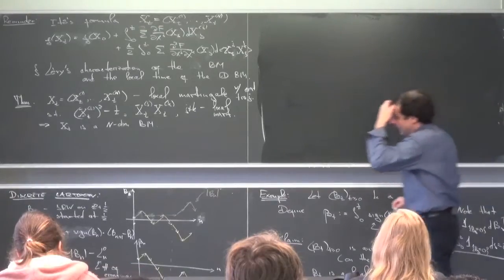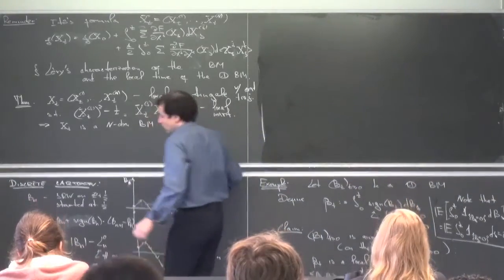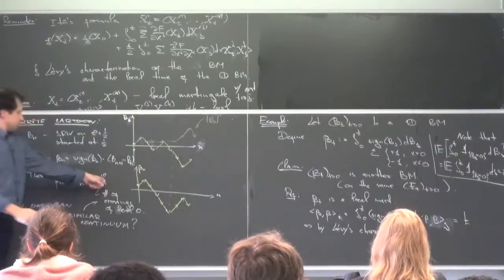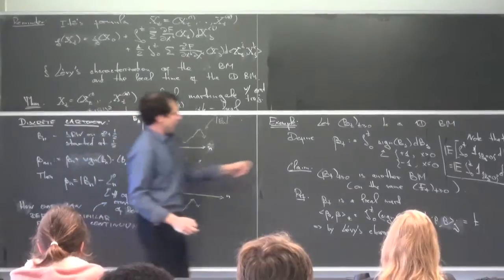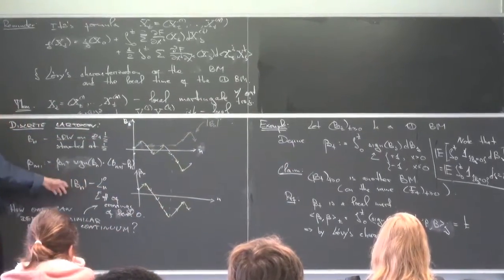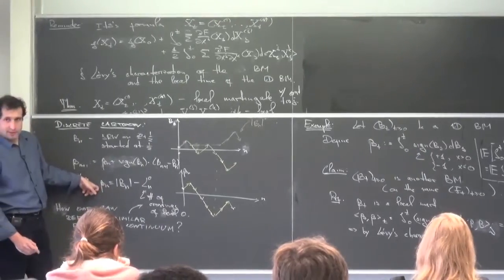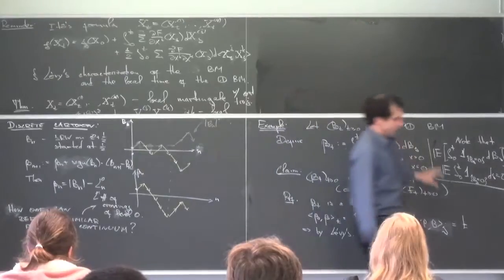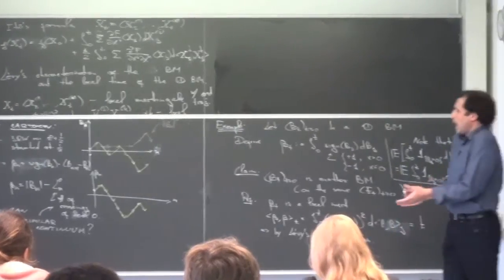So yet another application of the Ito formula. Here is the goal: to define that. And we know that to define this process, it seems to be enough to define beta. So beta is here, and the only question is, I can do this formula.